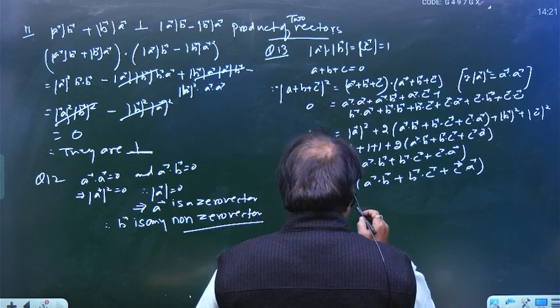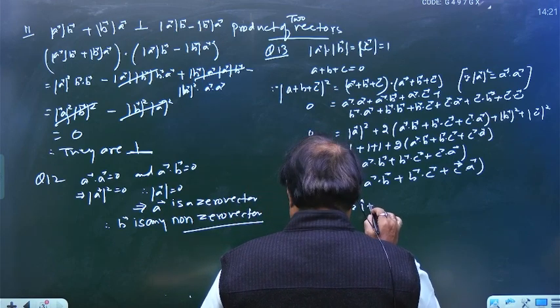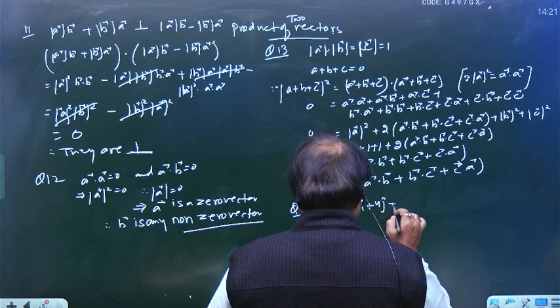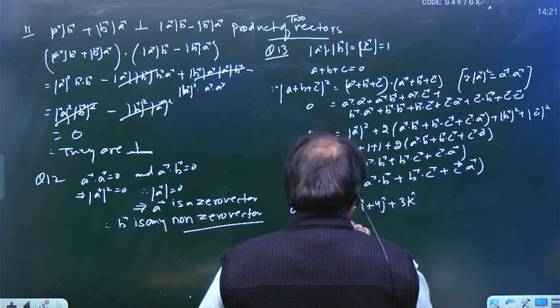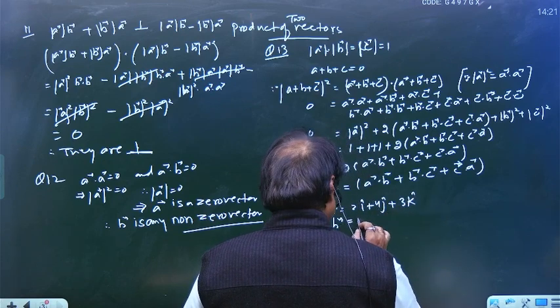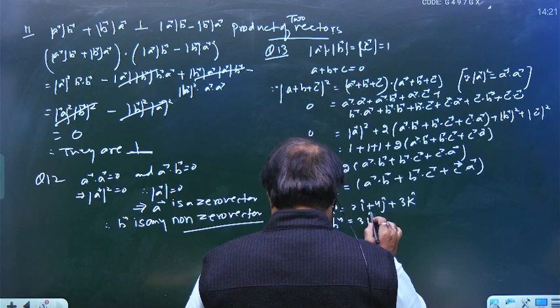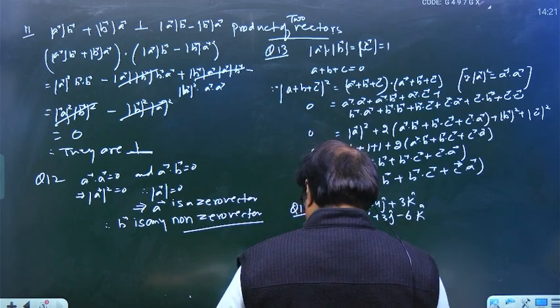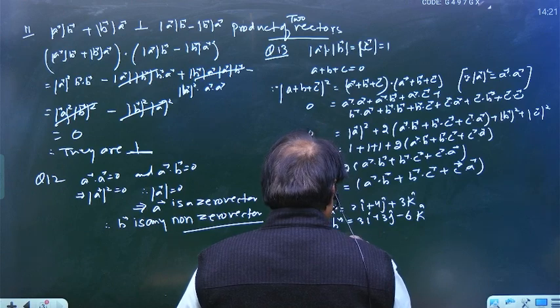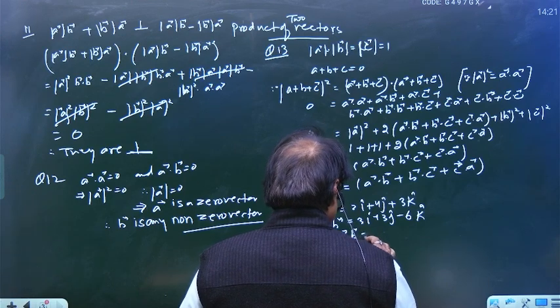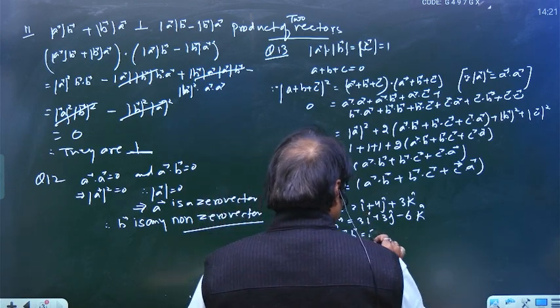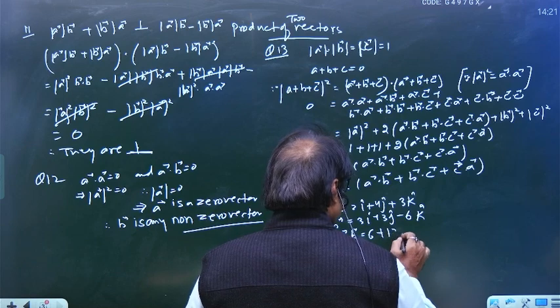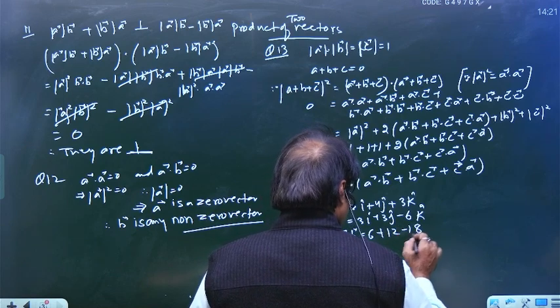If A is equal to, say, 2i cap plus 4j cap plus 3k cap, and the vector B is equal to 3i cap plus 3j cap and minus, say, 6k cap, then find A dot B. So A dot B is equal to 2 3s are 6 plus 4 3s are 12 and minus 6 3s are 18.